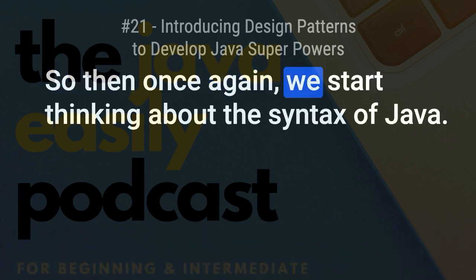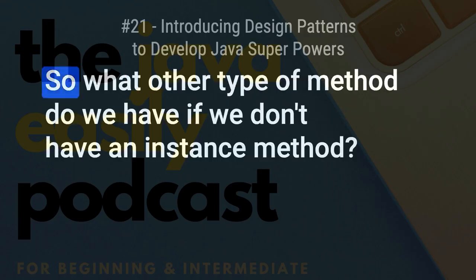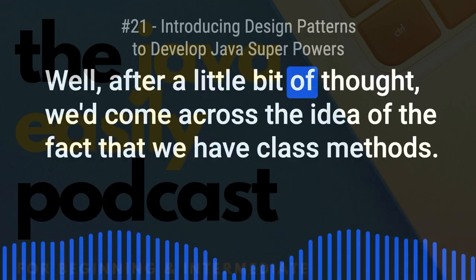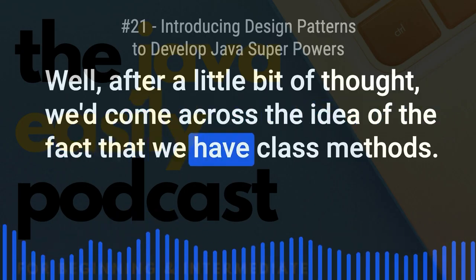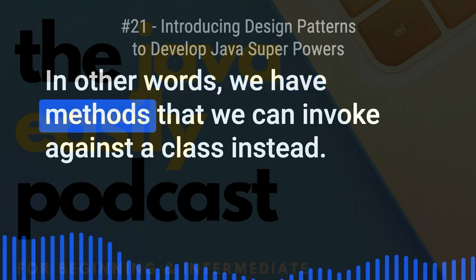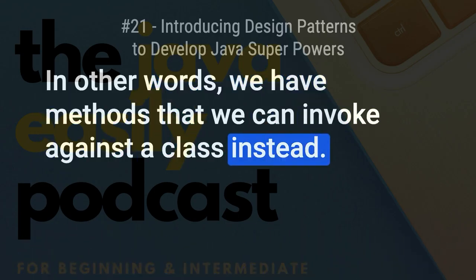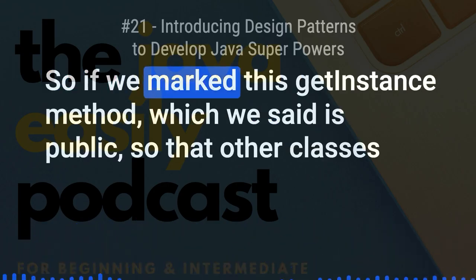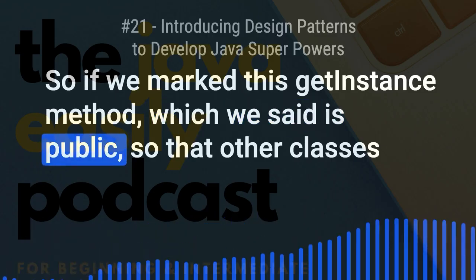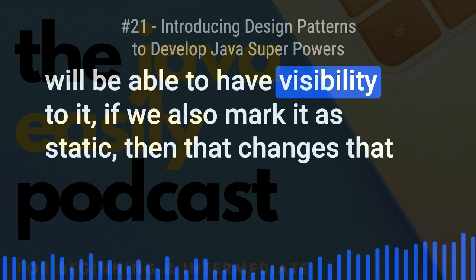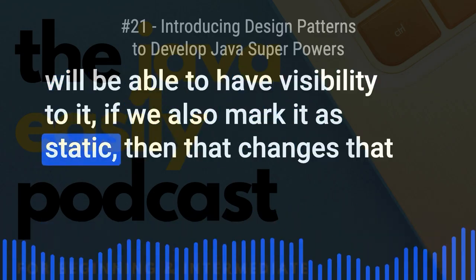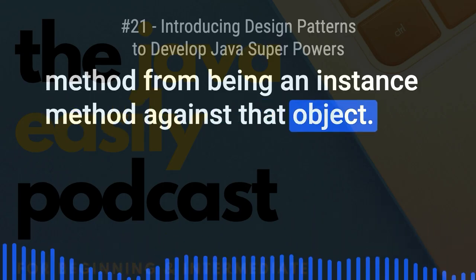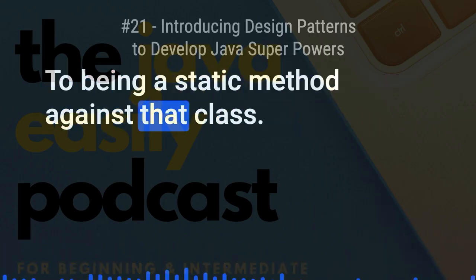So once again, we start thinking about the syntax of Java. What other type of method do we have if we don't have an instance method? Well, after a little bit of thought, we'd come across the idea that we have class methods. In other words, methods that we can invoke against a class instead. And that's what the static keyword is all about. So if we marked this getInstance method, which we said is public so that other classes will have visibility to it, also as static, then that changes that method from being an instance method against that object to being a static method against that class.